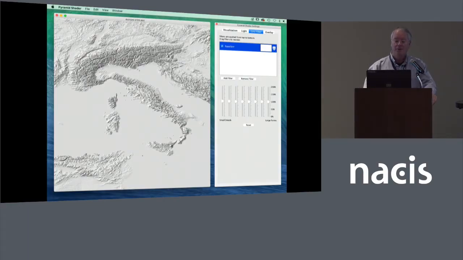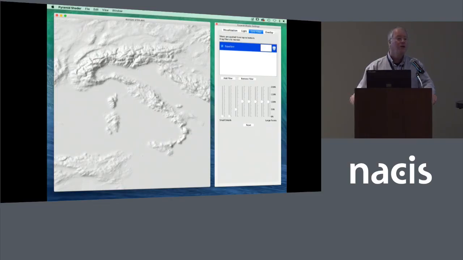With this filter, you can filter out the smaller terrain features. So almost instantaneously, all that little noise leaves the shaded relief, and I thought this was a step in the right direction. You'll also notice that the Alps are really just popping up, aren't they? I think I had about 25x vertical exaggeration that I used on the shaded relief here.